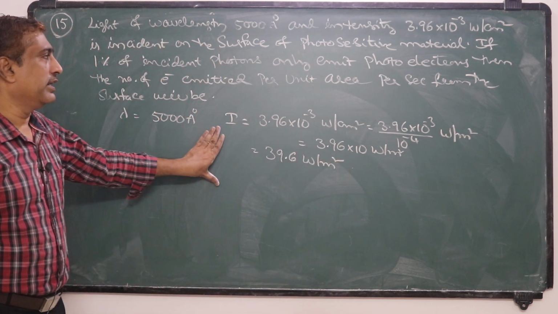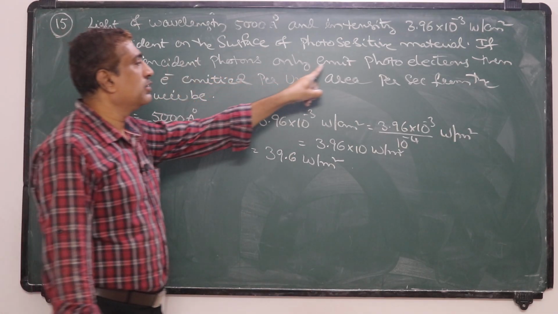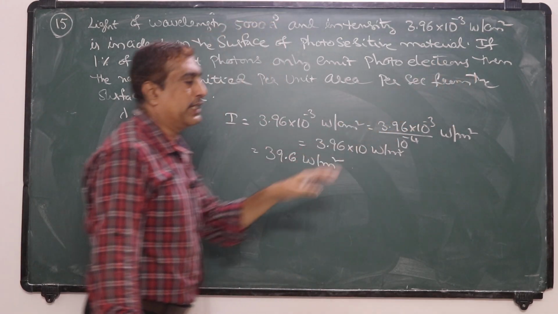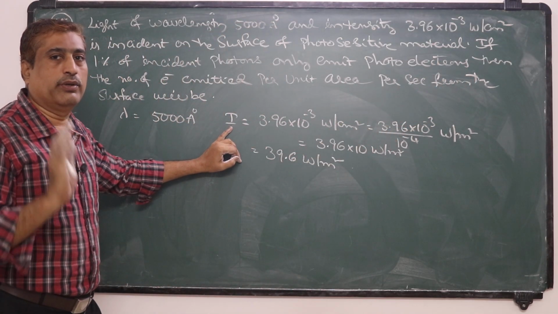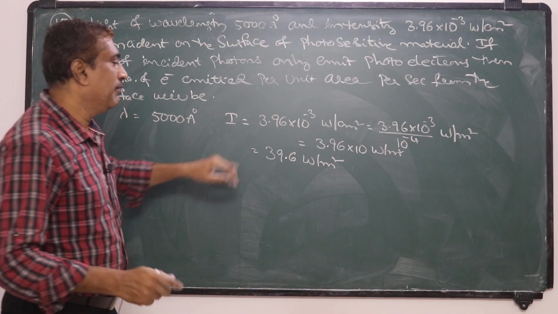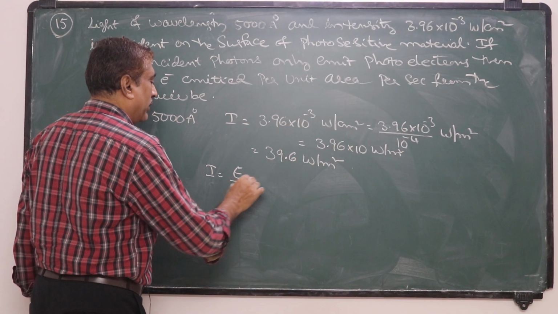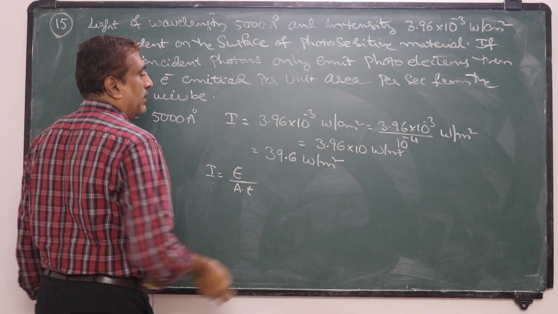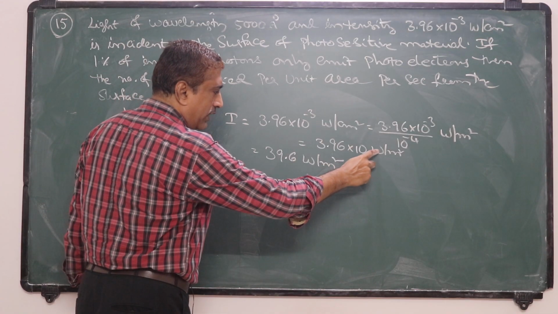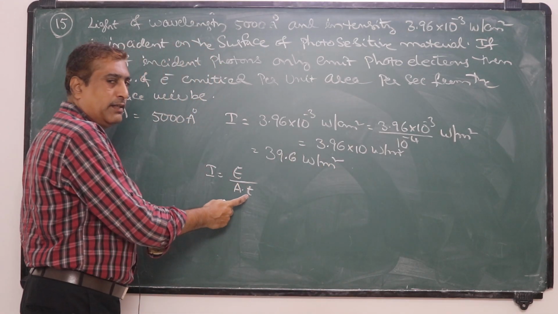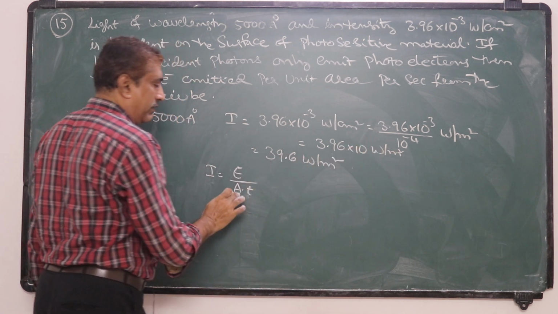Now these two are the given data. In this, 1% of the incident photons only emit photoelectrons. Actually, what is the meaning of intensity? It is the light energy passing through unit area per unit time. So we can write I is equal to energy per unit area per unit time. Energy per time is power, that is watt, joule per second, and meter square is given.